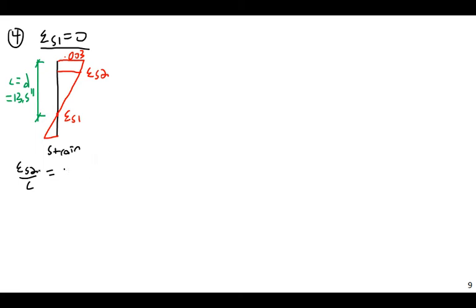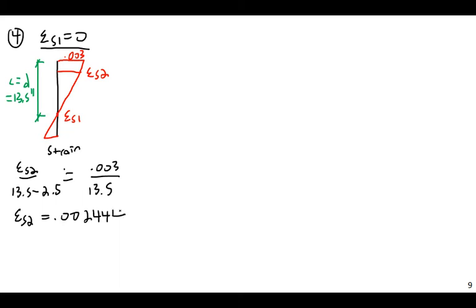Epsilon S2 over 13.5 minus 2.5 is going to be equal to 0.003 divided by 13.5. And if you plug and chug on that, you will find that epsilon S2 is going to be equal to 0.002444.